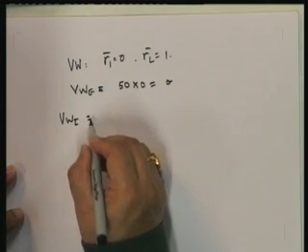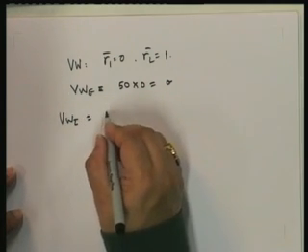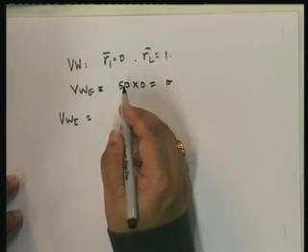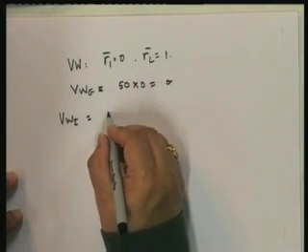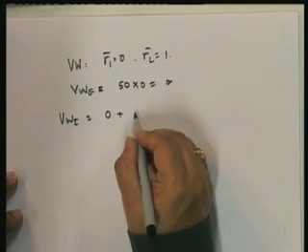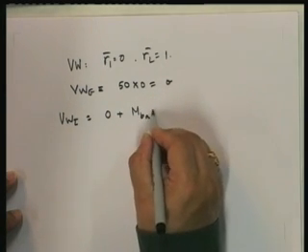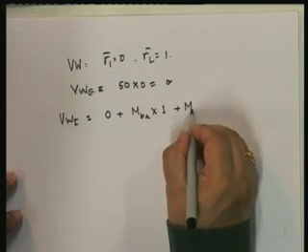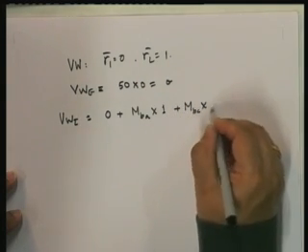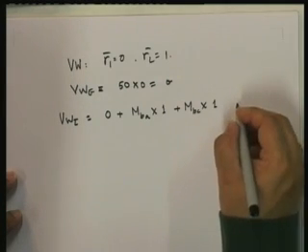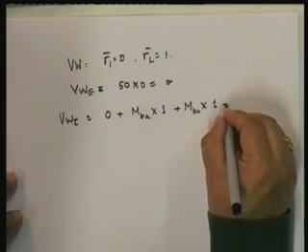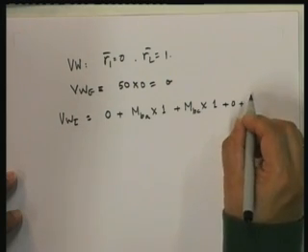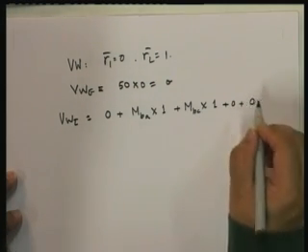Internal virtual work is again MAB into theta A, which is 0, plus MBA into theta BA, which is 1, plus MBC into theta BC, which is 1, plus MCB into theta CB, which is 0, plus the work done by the reactions, which is 0.